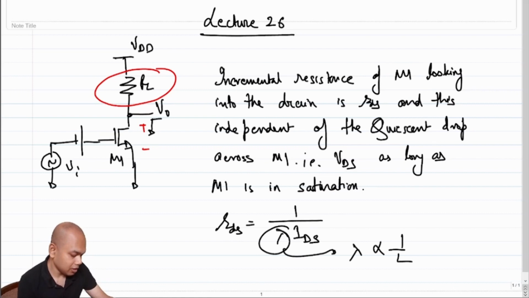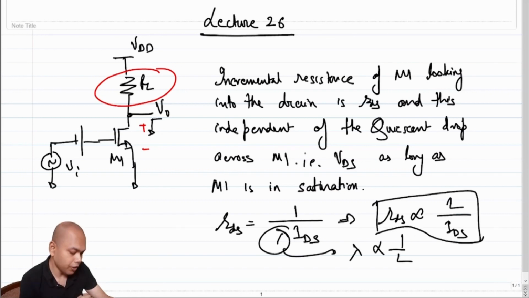So in other words, I can say that RDS is proportional to L by IDS. So if you increase IDS, in order to keep RDS constant I have a handle that I can increase the length, right? In essence, we already see there is a solution, but the solution is looking into the drain of M1.